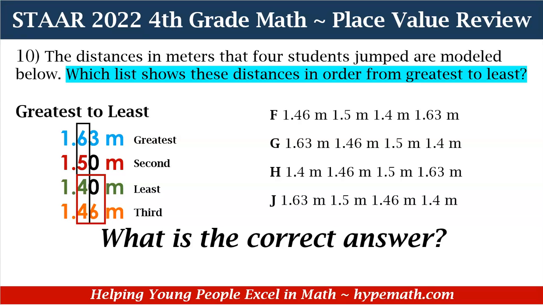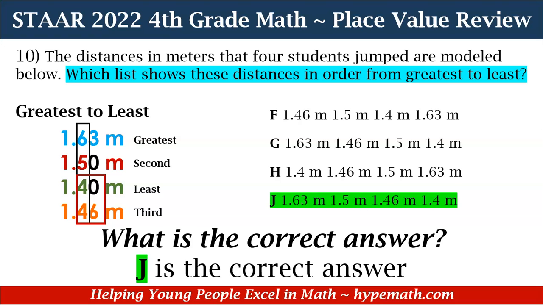So looking at our list of answer choices and looking at our greatest to least list, what are we going to say is the correct answer? If you said J, you are absolutely correct, because J shows that the greatest to least values are 1.63 meters, then 1.5 meters, then 1.46 meters, and then 1.4 meters.